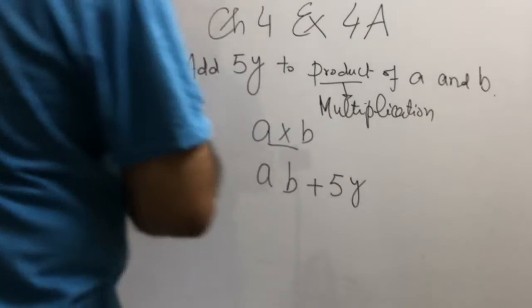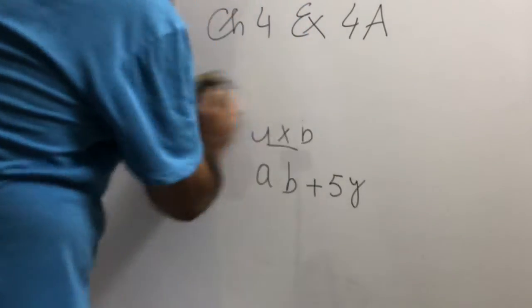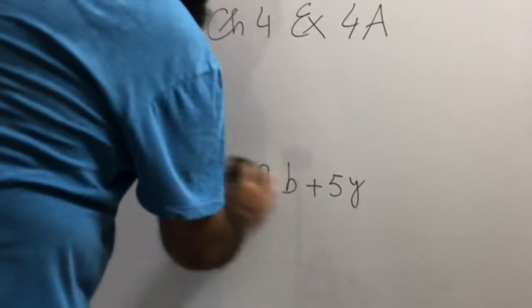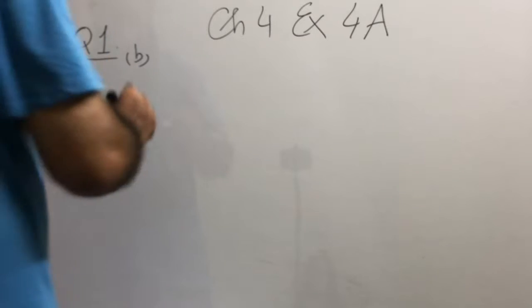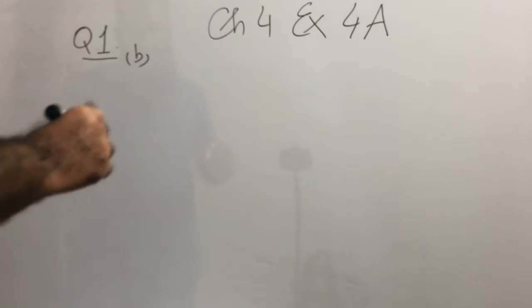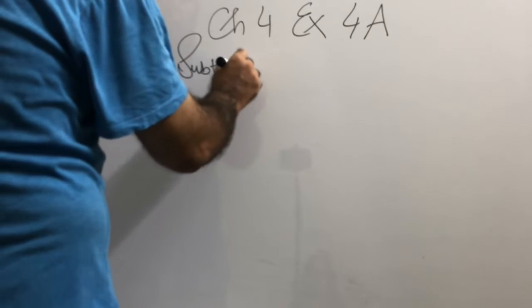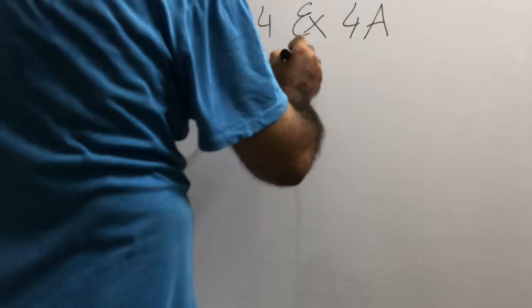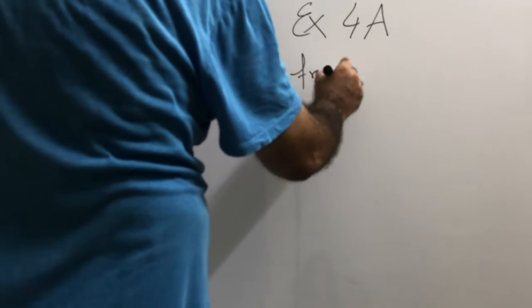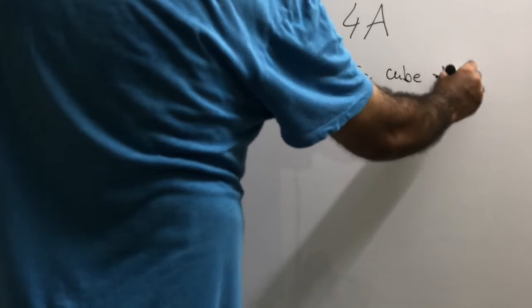Now we will be moving to part B. I'll read out the statement for part B. It says subtract 3 from the cube of f.